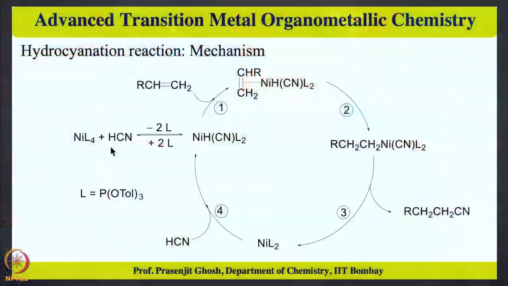Nylon is one of the synthetic fabrics known for its strength and durability, and it has been used in a lot of applications. This is a beautiful demonstration of hydrocyanation used on a large scale for producing adiponitrile, the reagent for synthesizing nylon 6,6, and this process was adapted by DuPont. Now, let us look at the mechanism of this hydrocyanation reaction.